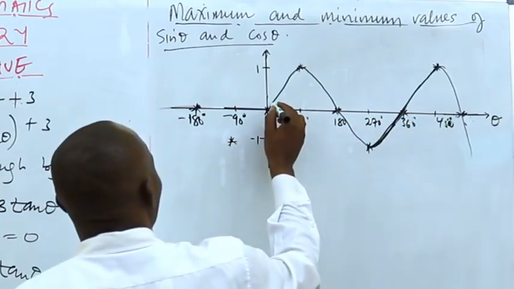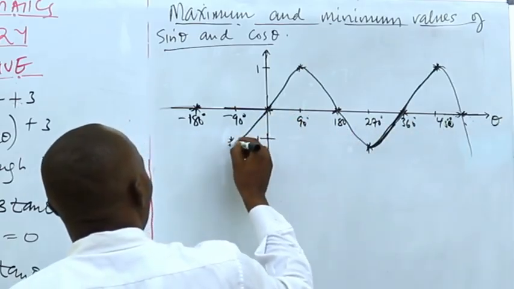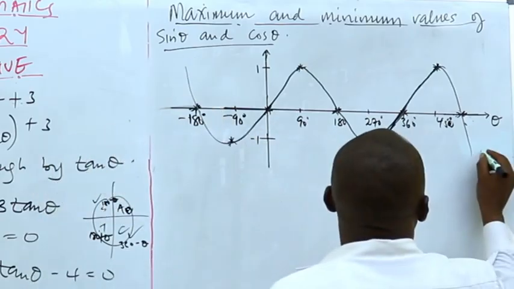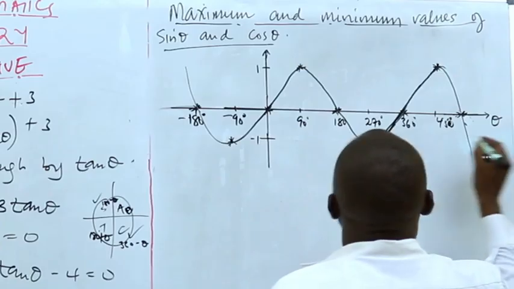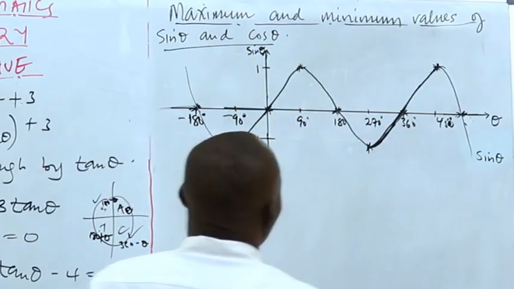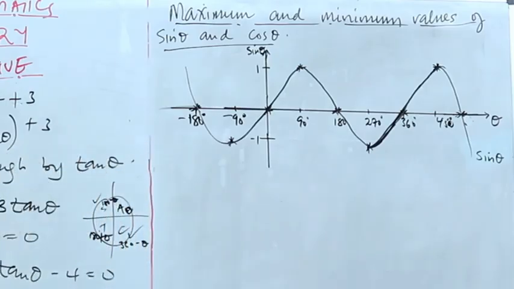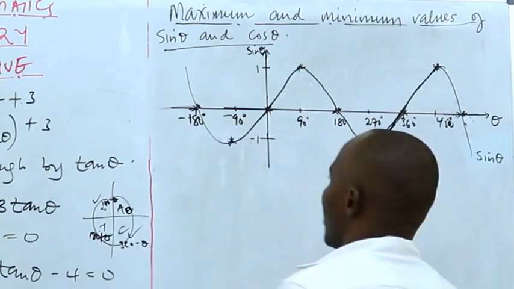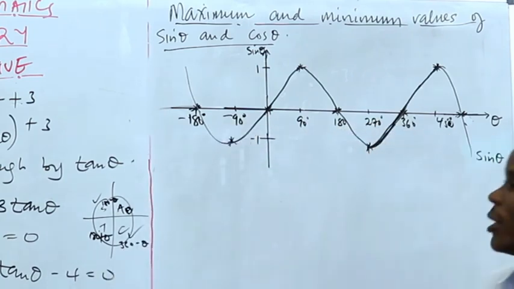Then still something like that. So that is the so-called sine curve, sine theta. That is my sine curve. I can also bring in the cosine curve. I can superimpose it here.